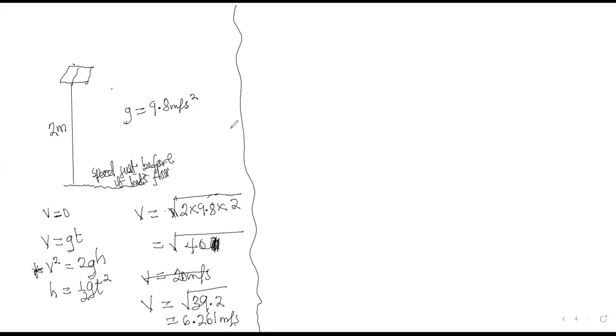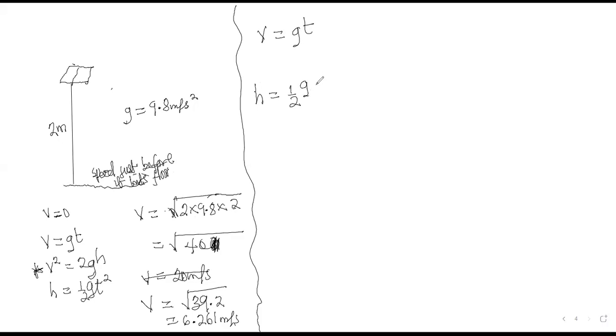And you can also use equation 1. V is equal to gt, but if you use equation 1, you must find t to multiply by g. And somebody else can decide to use equation 2 to find t.